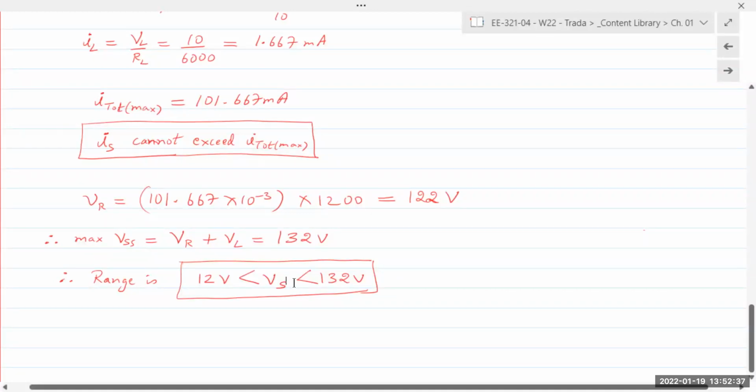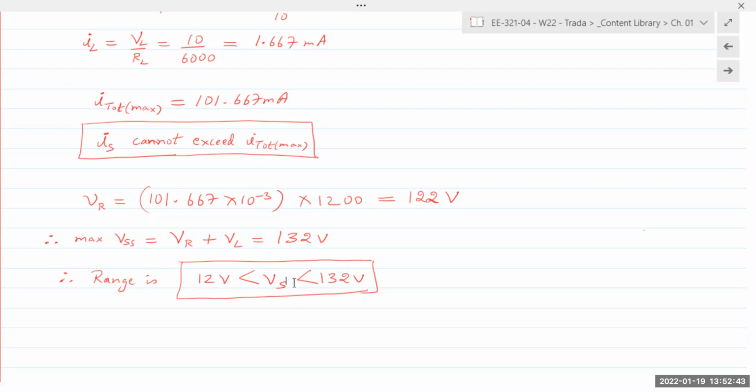If you have a Zener diode that can handle like 2 watts, now your maximum range is even more. So it depends on what your application is and where you need to use it.